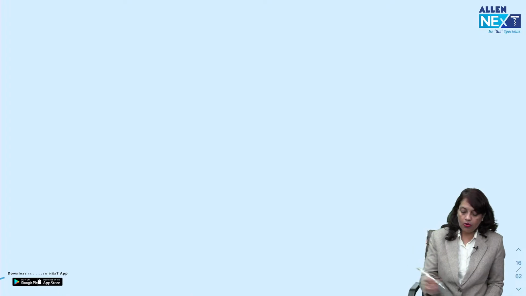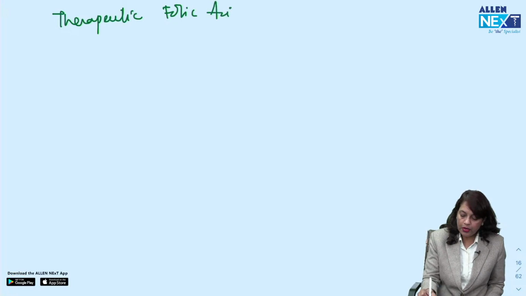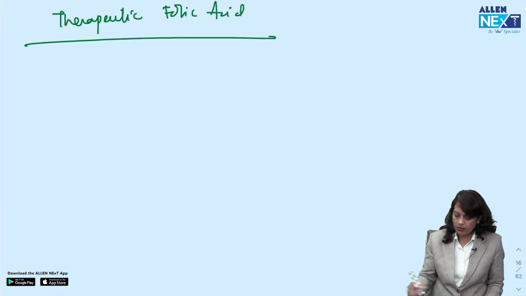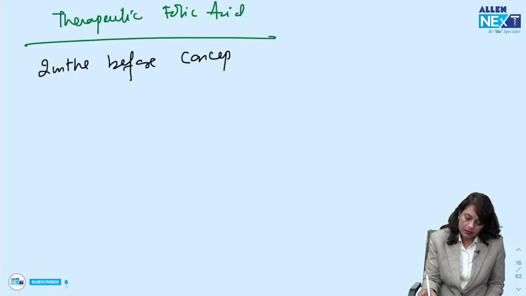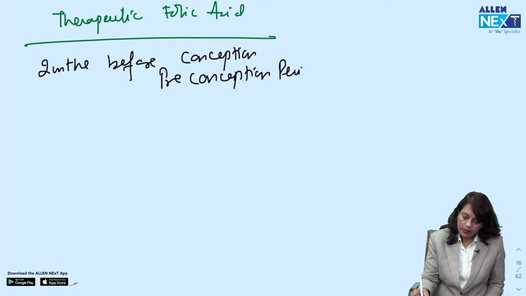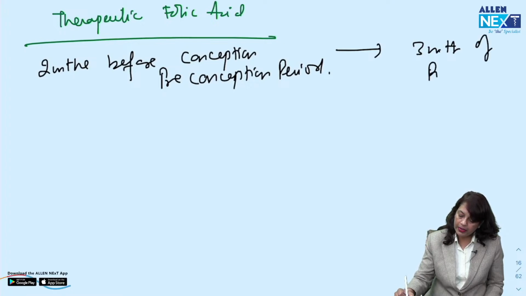Okay. Now, therapeutic folic acid should be given 2 months before conception. That is called the preconception period, and she should continue for the first 3 months of pregnancy.